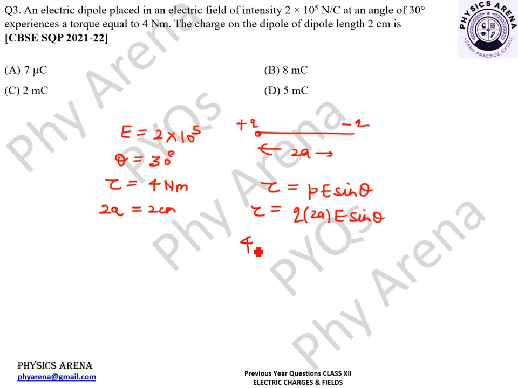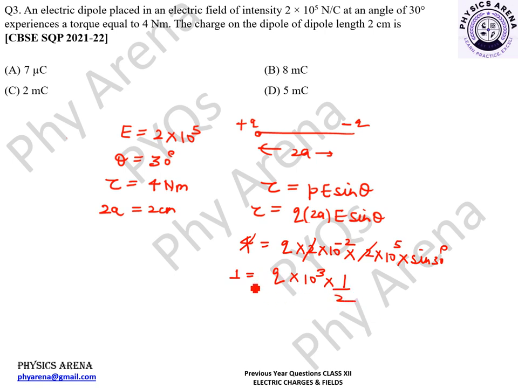So 4 is equal to q, and 2a is equal to 2 centimeter, so that will be 2 multiplied by 10 to the power minus 2 meter, value of electric field is 2 multiplied by 10 to the power 5 and sine theta is sine 30 degree. Now we can cancel this out and it becomes 1 is equal to q times 10 to the power 3 multiplied by sine 30, that is equal to half.